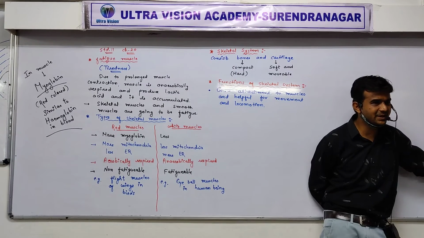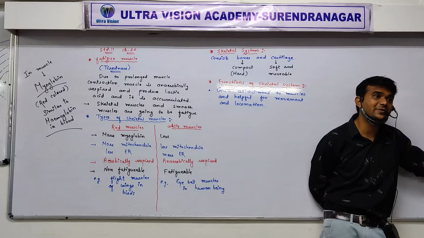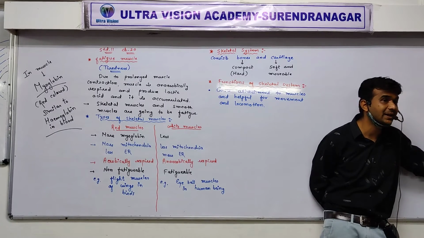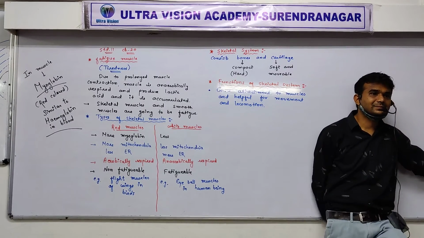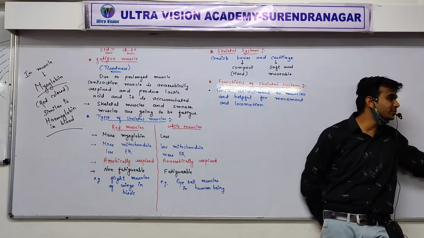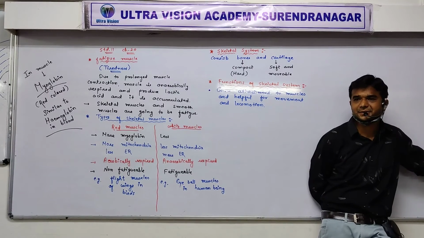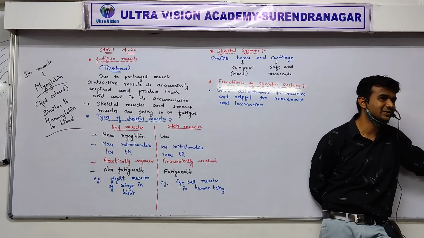Is there a possibility of movement of joints without muscles? Is there a possibility of movement of muscles without joints? No. That's why I told you in the beginning of this chapter, movement and locomotion are both closely interconnected.